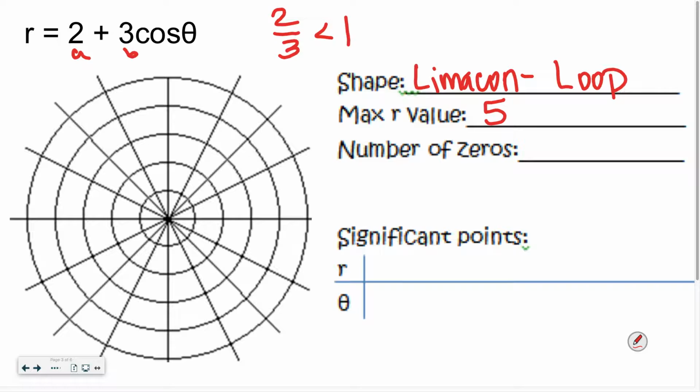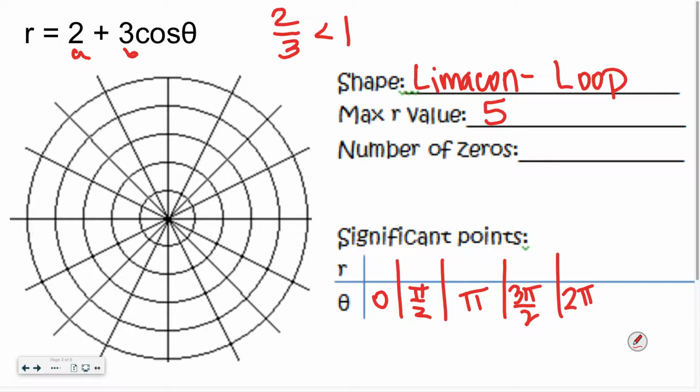Here is the wonderful thing about limacons. I am going to ask you to plug in 0, and then pi over 2, and then pi, and then 3 pi over 2, and then 2 pi. Every single time. Isn't that wonderful? It is kind of nice, right?